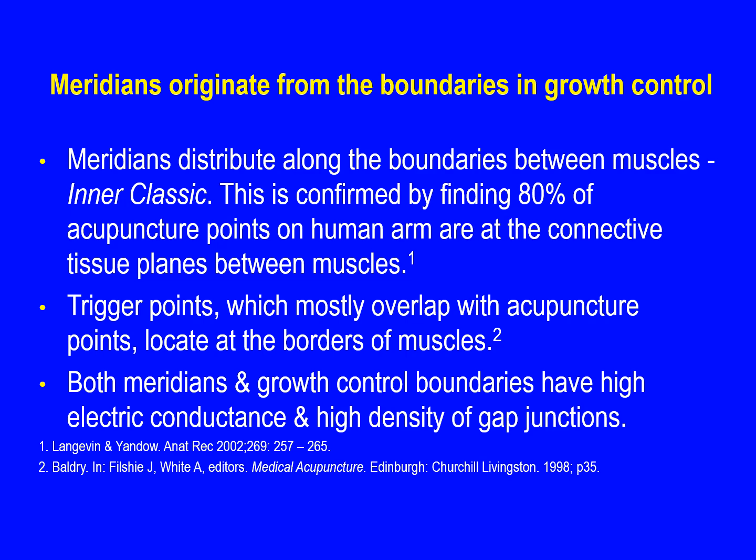This is confirmed by the finding that 80% of acupuncture points on the human arm are at the connective tissue planes between muscles. Trigger points, which mostly overlap with acupuncture points, are also located at the borders of muscles. Both meridians and the growth control boundaries have been shown to have high electric conductance and high density of gap junctions.